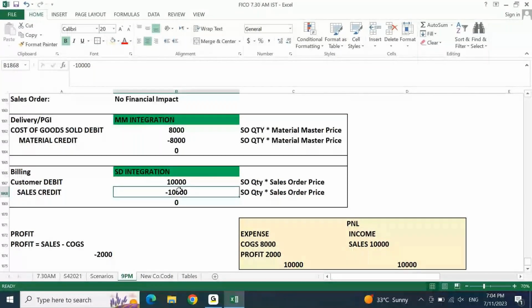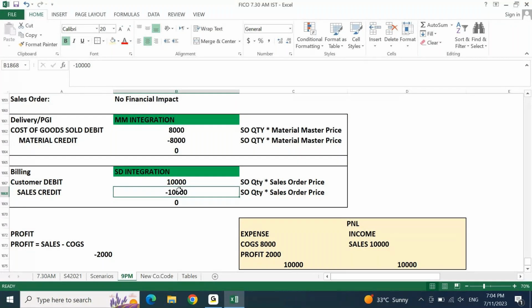Okay, whenever you are creating any material, the material must be valuated. When we say the material must be valuated, your material is supposed to have a value in the balance sheet. Yes, sir. Your material must also be measured: what is the quantity in terms of liters, each, pieces, kgs, grams?